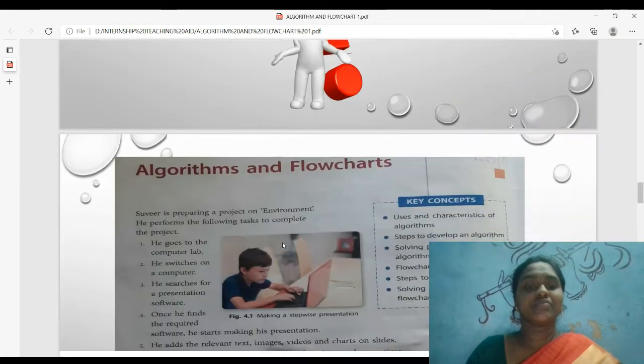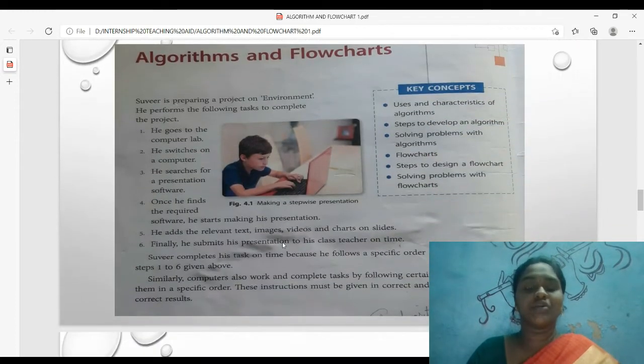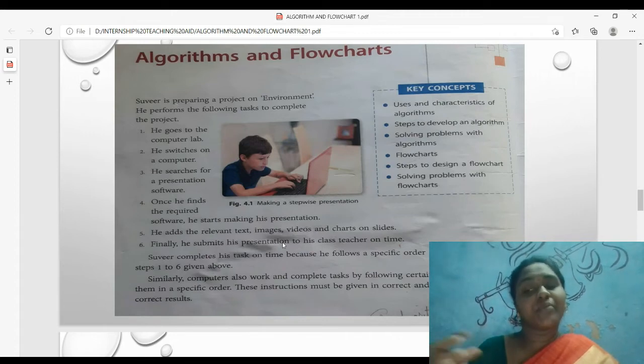Here, I want everyone to look into the book, at the very first page of our topic, algorithm. Here they have given one particular boy, Savir, who is preparing a project on the environment. What is he doing? He is preparing a project on the topic of environment.